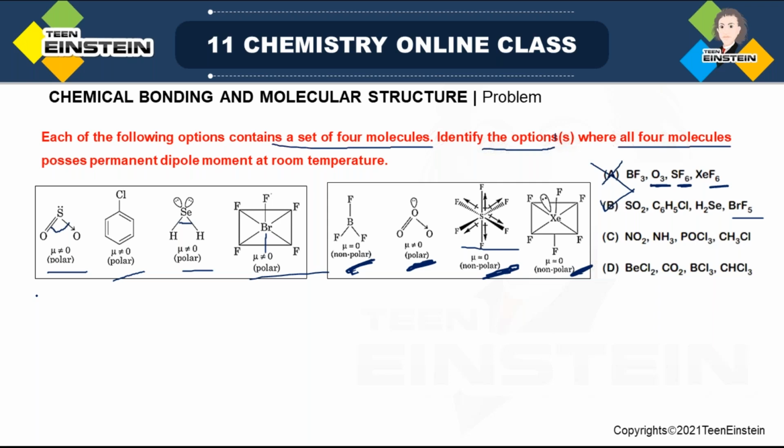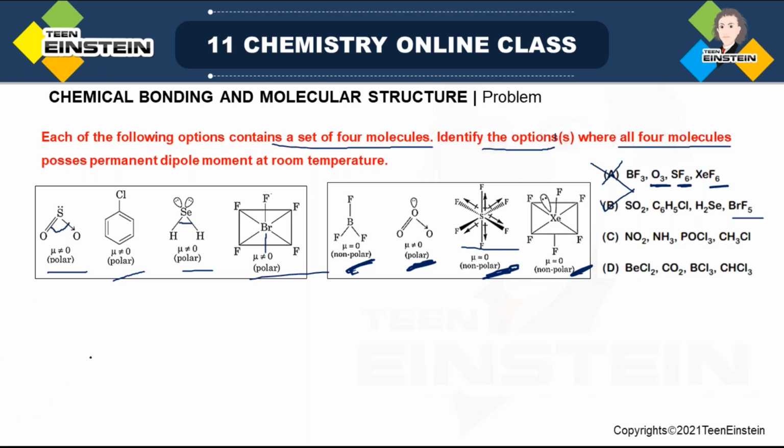So once you know the VSEPR theory fully, you will be able to predict their geometry or shape, and when lone pairs are present, when they are not present. So by applying that theory, you can draw their structure, and once you draw the structure, then you can easily understand overall dipole moment will be there or not. Okay. For simple molecule, you can directly draw, but for some cases, you first have to apply VSEPR theory.